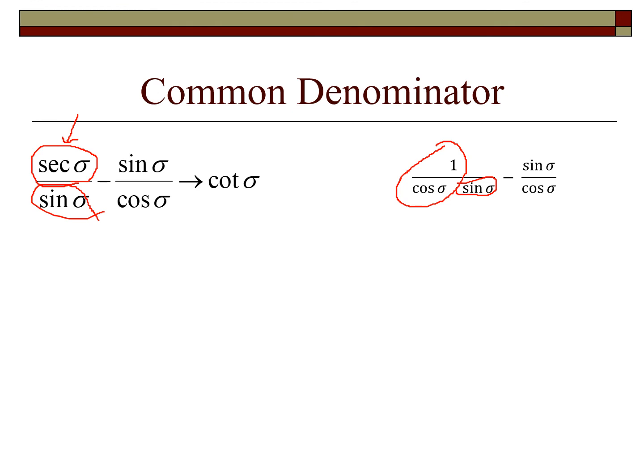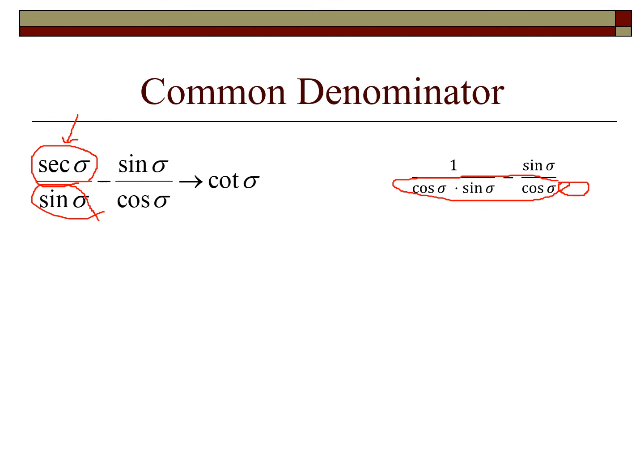All right, now we have two fractions. Again, in order to make two fractions one fraction, you need a common denominator. You have to think of how to get these two denominators to be common. If only you had a sine here, that would make it common.